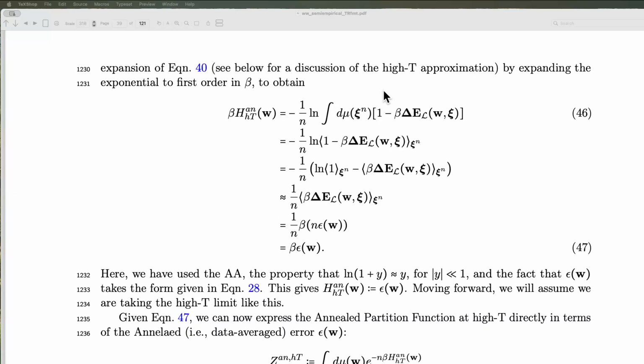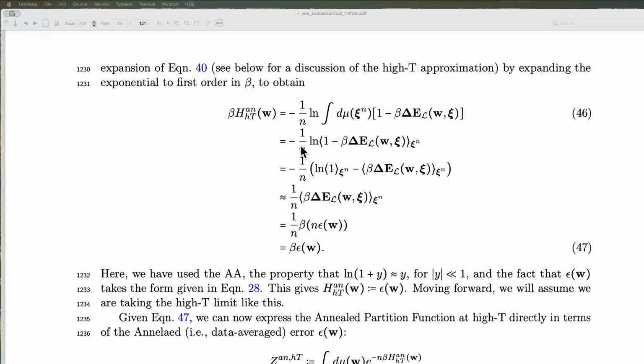So we take 1 minus beta times the total error. This gives us 1 over n times natural log. Now we just switch to bracket notation. The second line is the same as the first line; it's just that instead of writing the integral, we're using bracket notation.